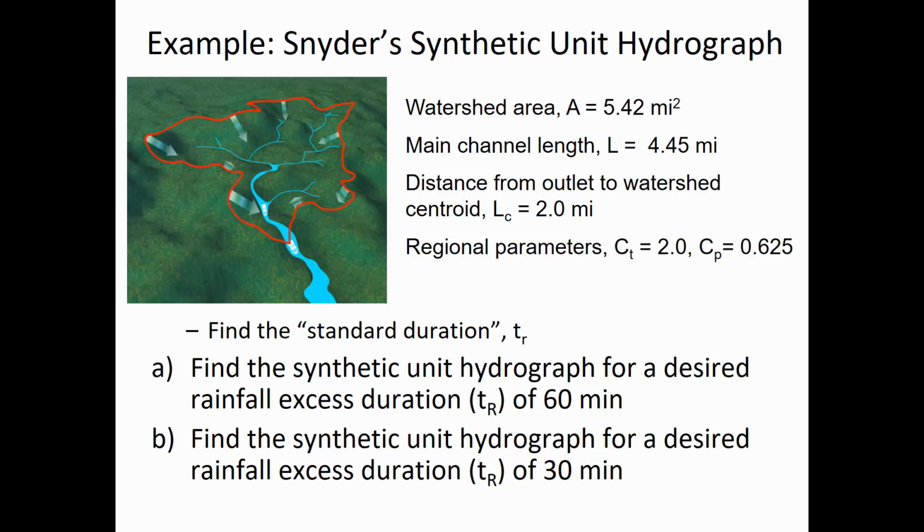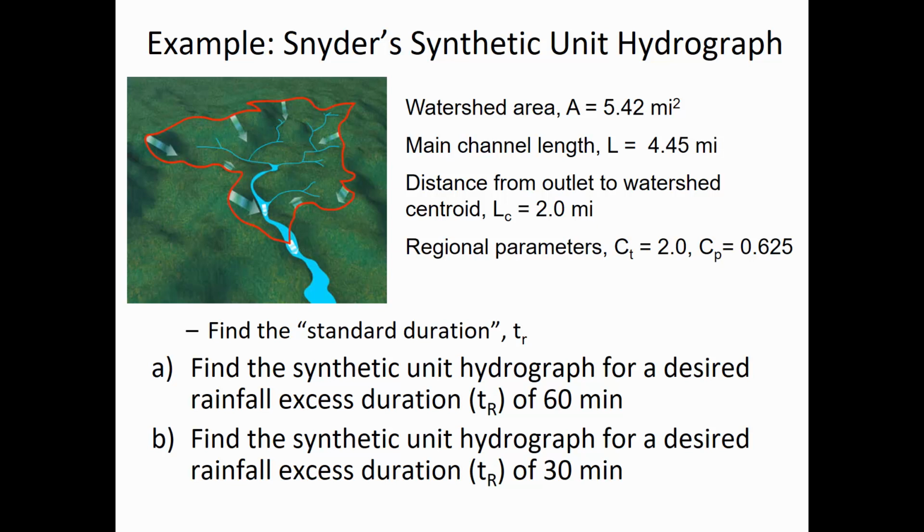Okay, so the first thing that we'll do is find the standard duration. Step 1, standard duration. So T sub P is C1 times C sub T times L times L sub C to the 0.3 power.